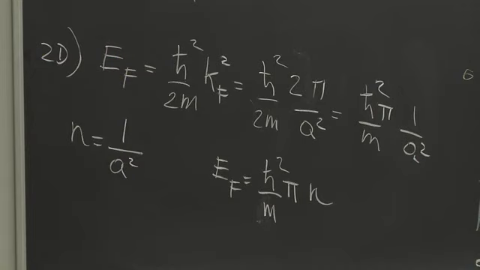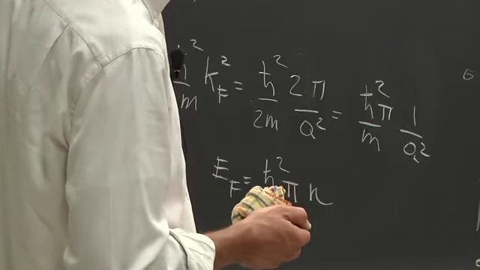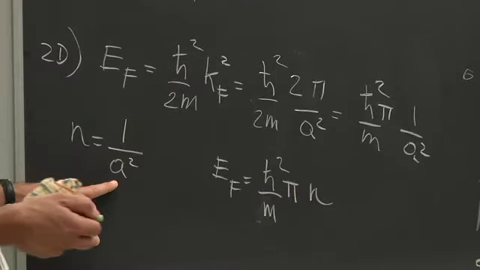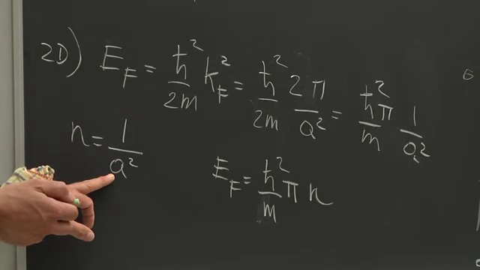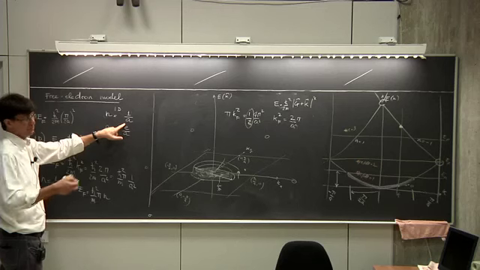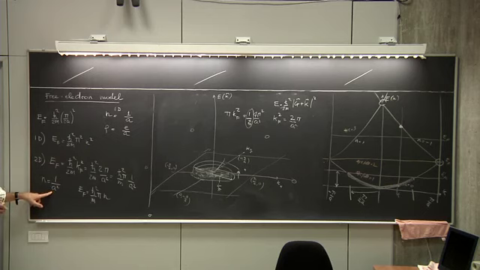Yes? Shouldn't we change the definition of that density because this is not two-dimensional? Why not? This is a 2-dimensional density, right? Number per area. This is number of electrons per length, 1 dimension. This is number of electrons per area.